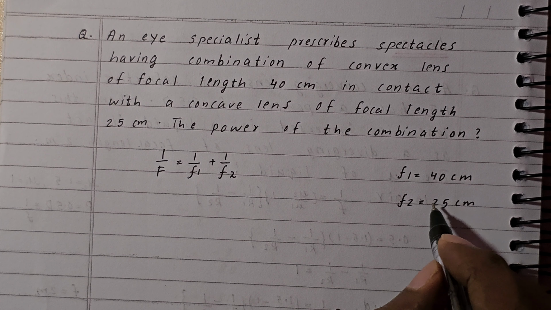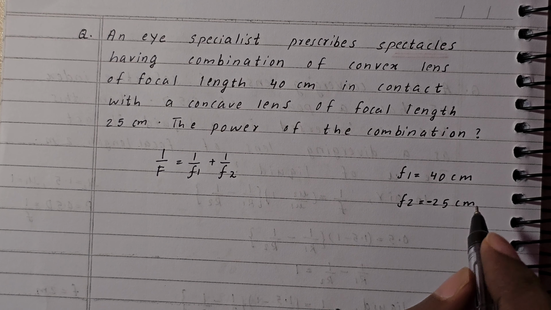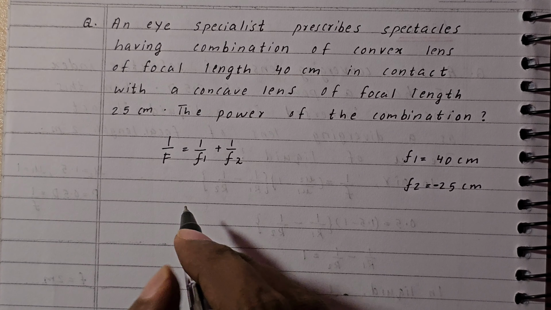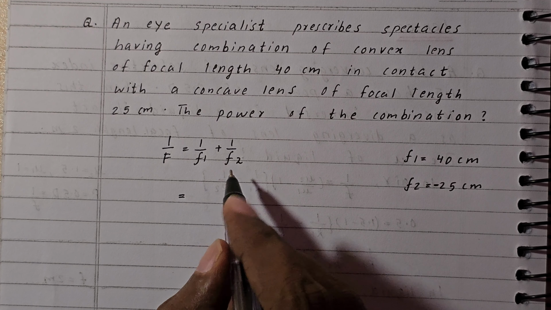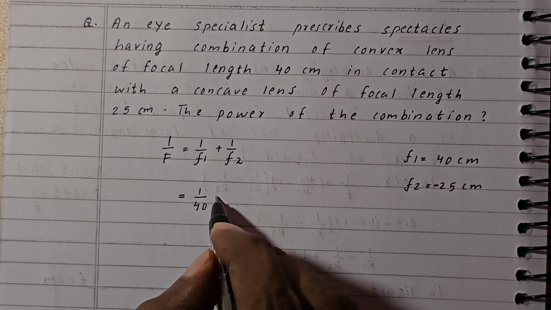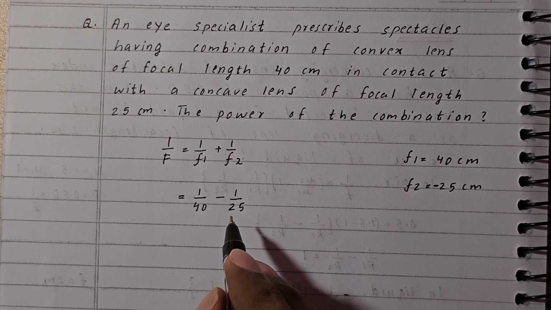For a concave lens, focal length is negative, so f2 is equal to minus 25 centimeter. So by substituting the values in the above equation, we get 1 upon f is equal to 1 upon 40 minus 1 upon 25.